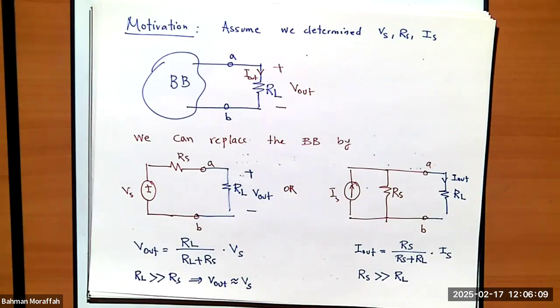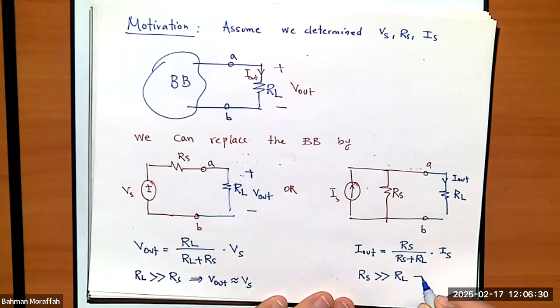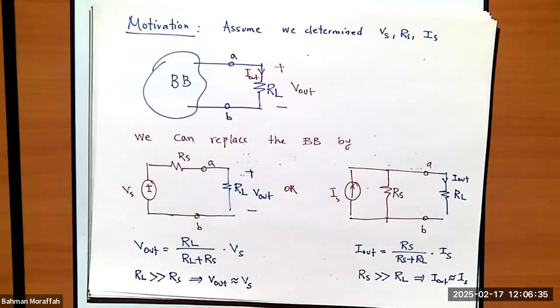Again, if I look at the denominator here, Rs dominates this RL, right? So the fraction over here is basically Rs over Rs, roughly, right? So I out is roughly Is.